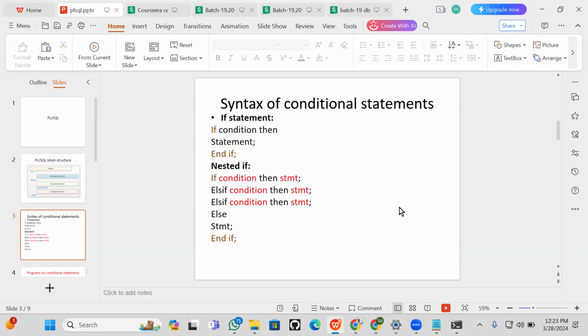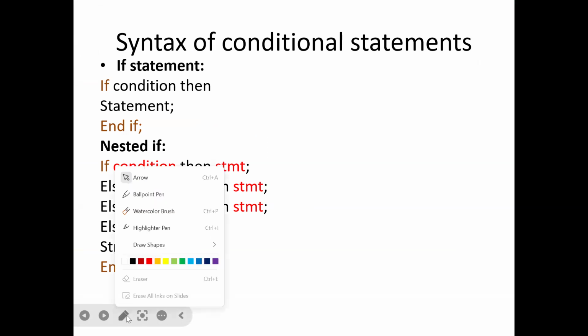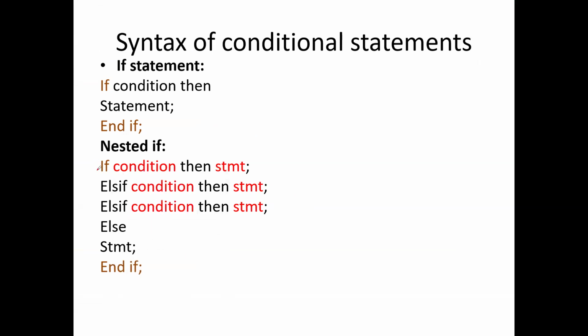So this is the syntax of the if statement. Similarly, you have the nested if. How to write a nested if? You see the if condition, then statement. Your nested if consists of else if condition, then statement, else if condition, then statements, else statement, and for every if there is a corresponding end if.